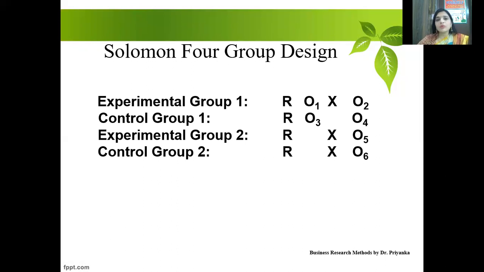Again the observations would be taken in the same way. The only difference is that there we had two groups because we were just going for two experiments, and here we have taken a control group along with both the groups. So we have the 4-group design: experimental group 1, control group 1, experimental group 2 and control group 2. Over there in static we just had experimental group 1 and experimental group 2.